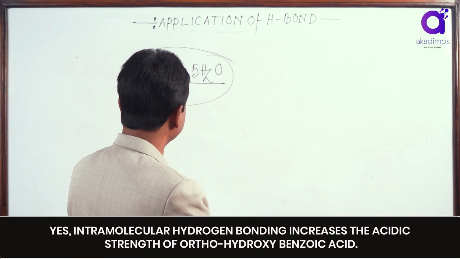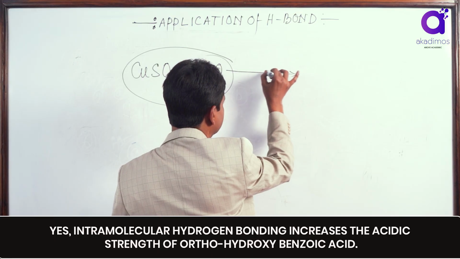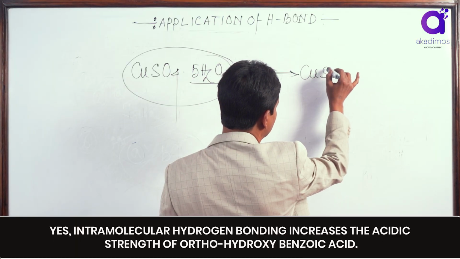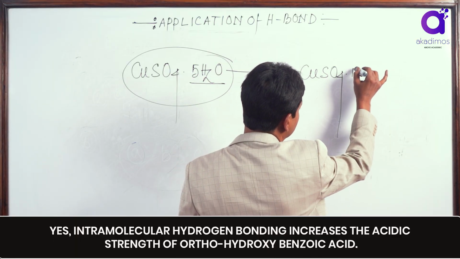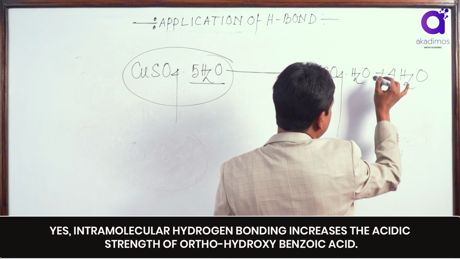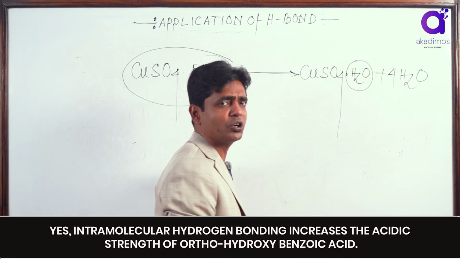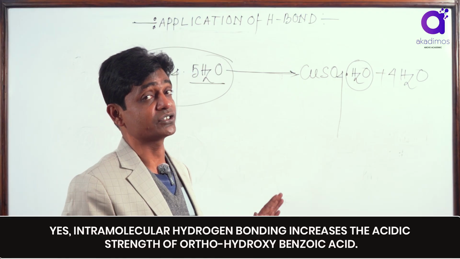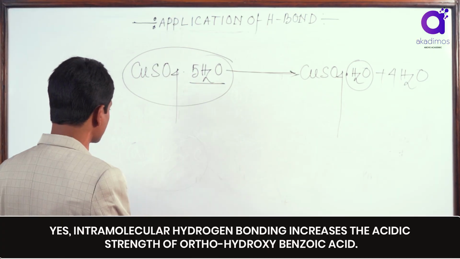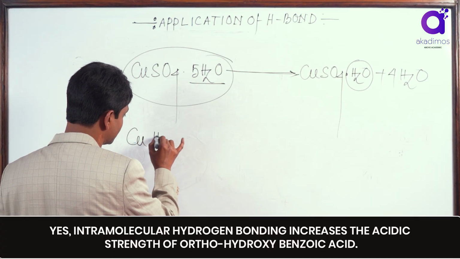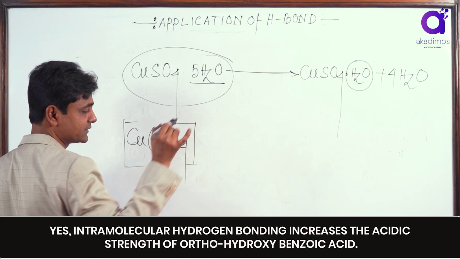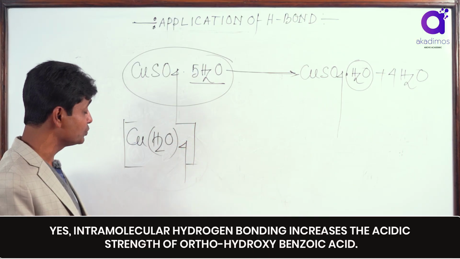Now, if I give heat or if you keep it in the open air, easily 4 moles of water are removed and go to the air. But to remove the last water molecule, strong heat is required. Why? Hydrogen bond will give you the answer. See the structure. Actually, the structure is Cu(H2O)4, coordinately bonded with the copper 2 plus.